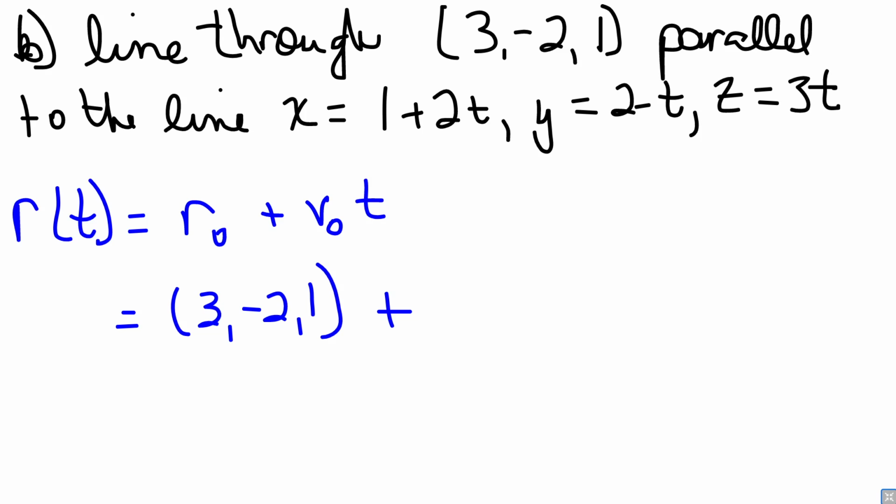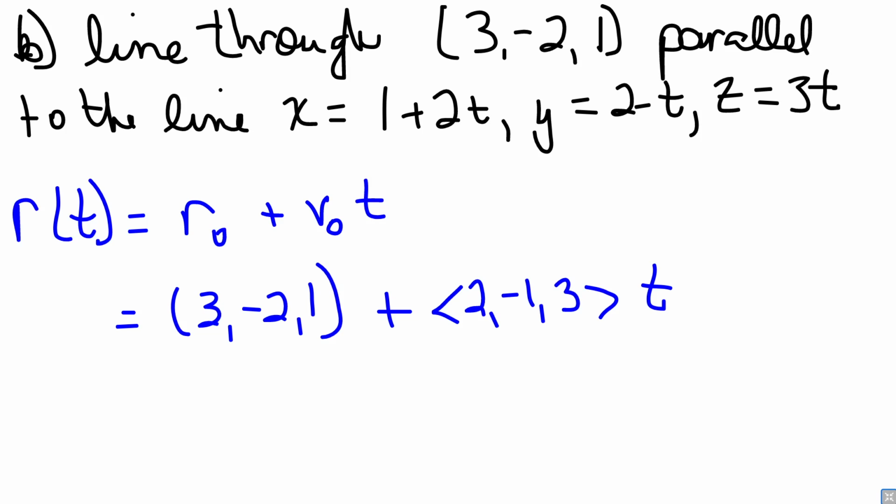So if we take a look at the given line that we have, what would the slope be? What values? Right, it's going to be 2, negative 1, and 3.